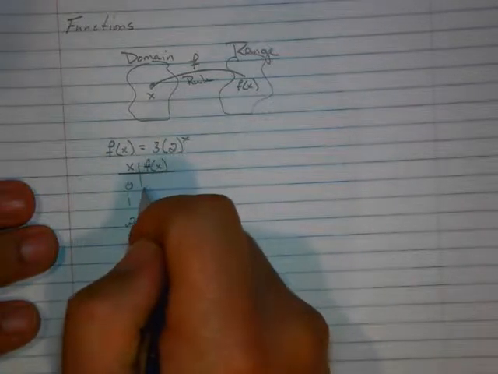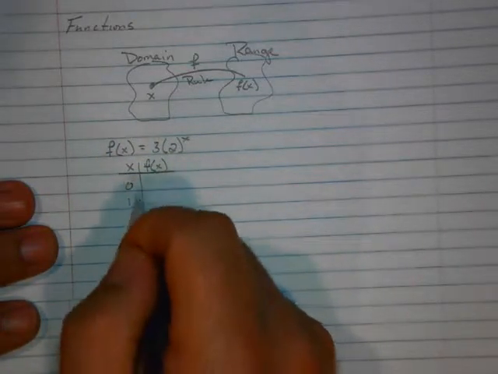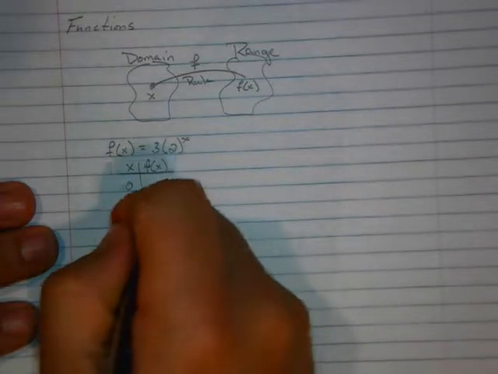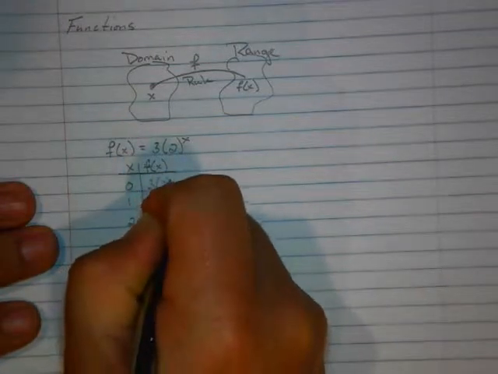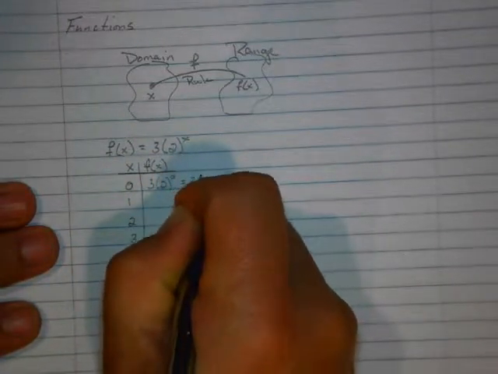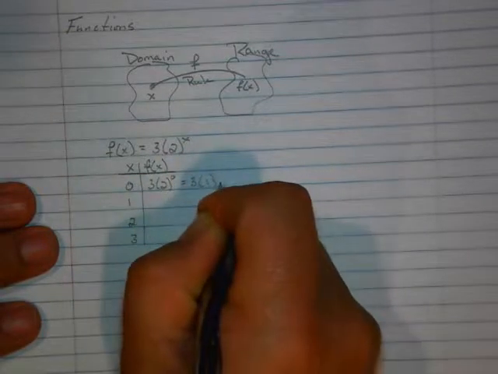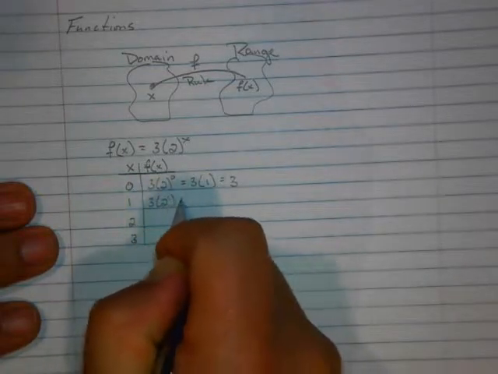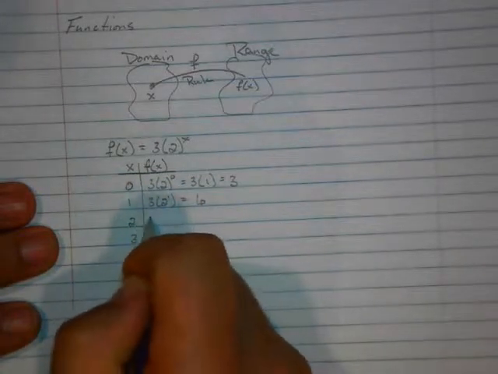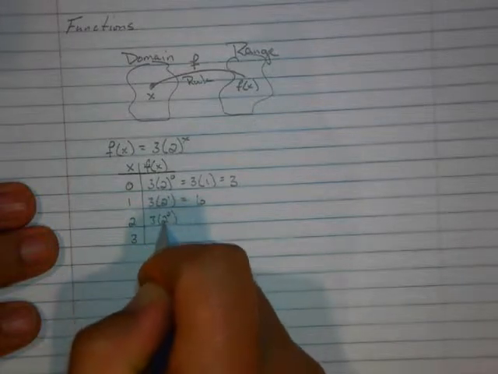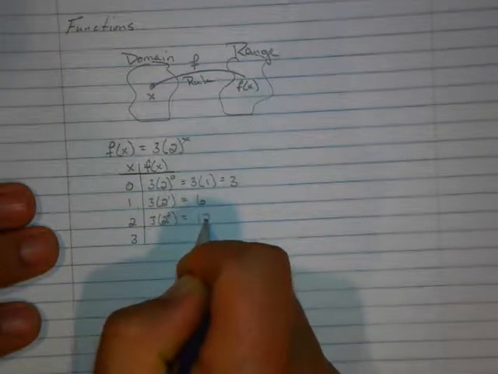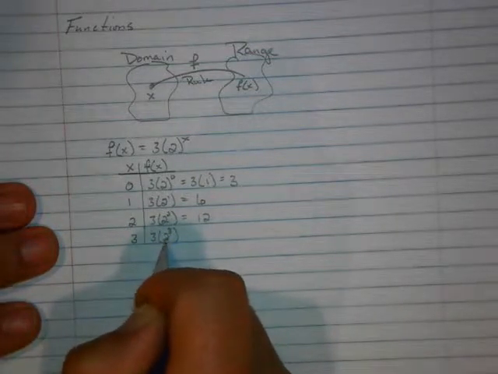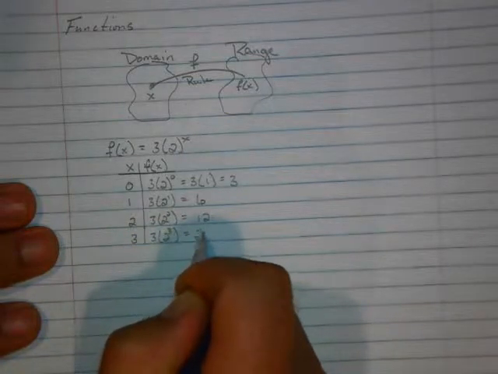If I go 3 times 2 raised to the 0, anything to the 0 exponent is 1, and we get 3. 3 times 2 to the first, 6. 3 times 2 squared, well, 2 squared is 4 times 3 is 12, and 3 times 2 cubed, 2 cubed is 8 times 3 is 24. And just like our exponential functions, you can see that it's doubling each time.